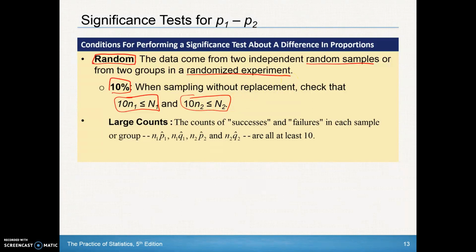And we still have our large counts for normality, making sure that all of our n times p's and n times q's are greater than or equal to 10, in other words, at least 10.